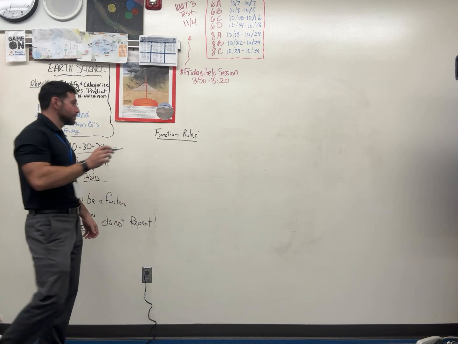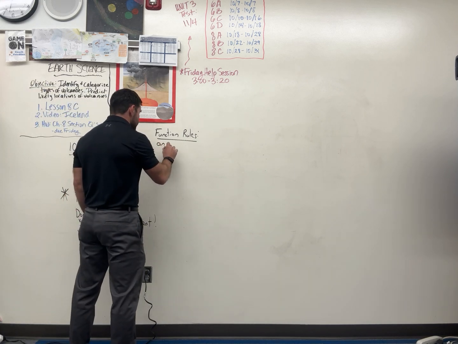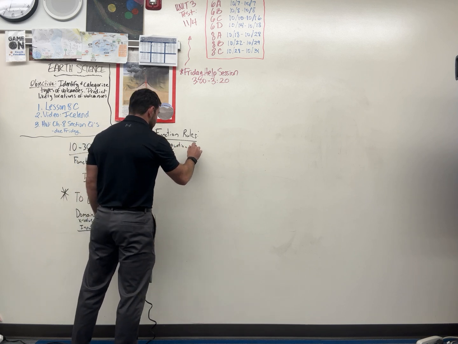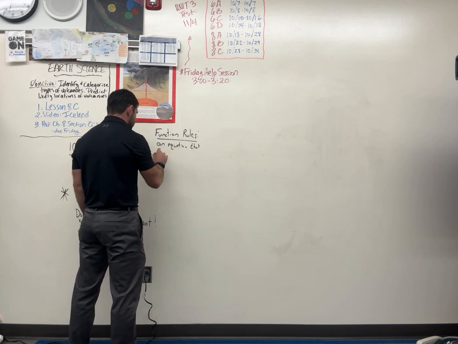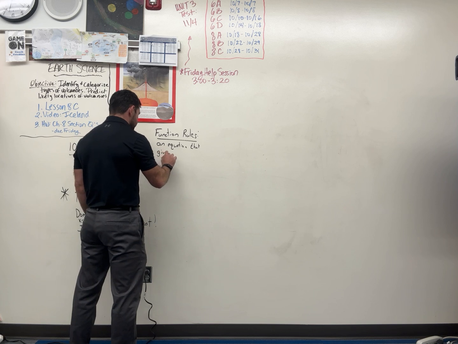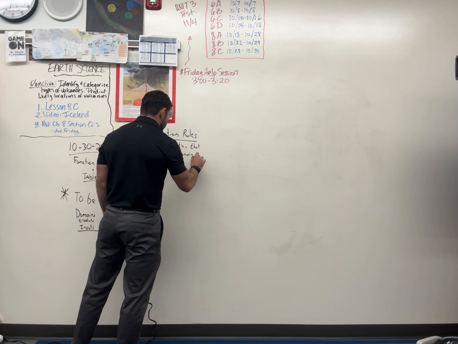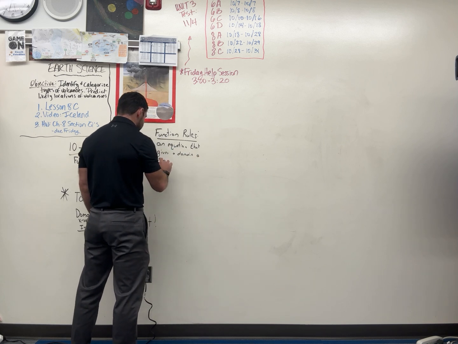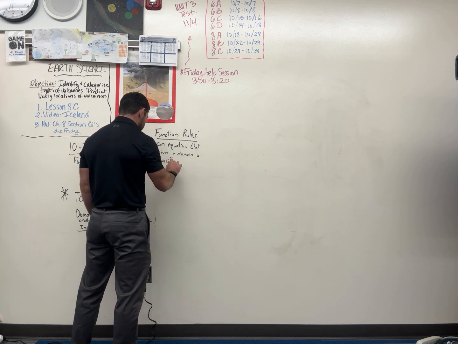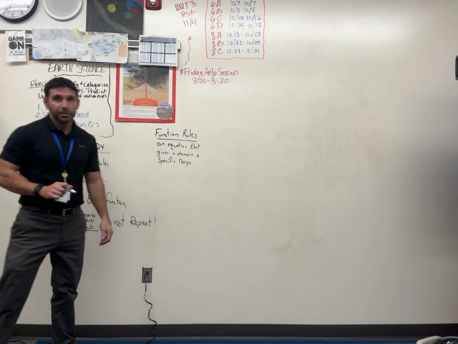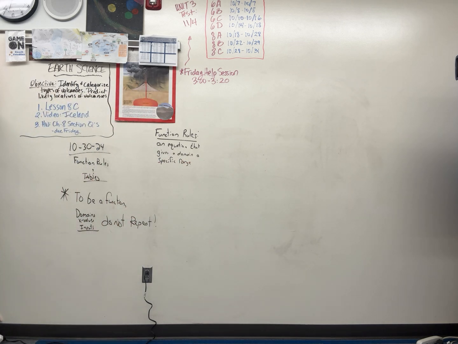A function rule is an equation that gives a domain a specific range. So for every x value, there is a very specific range. X is domain, y is range.